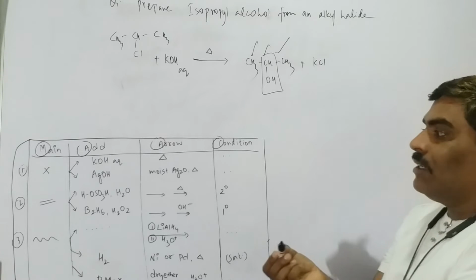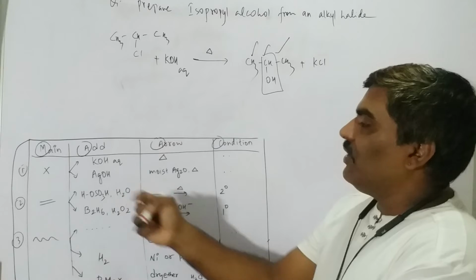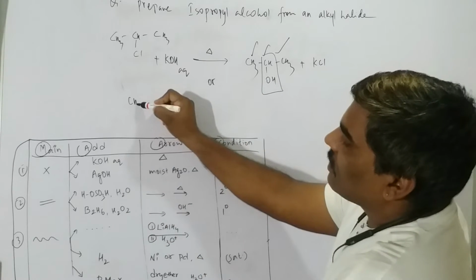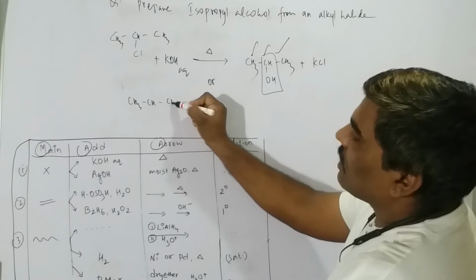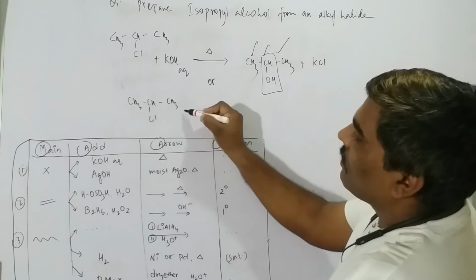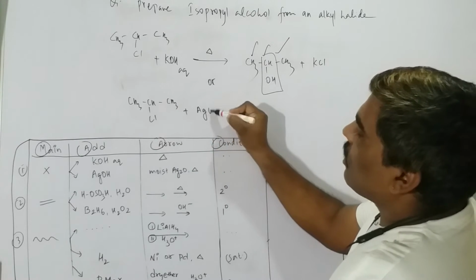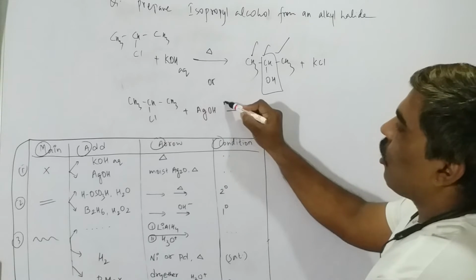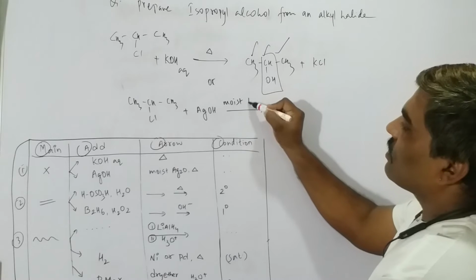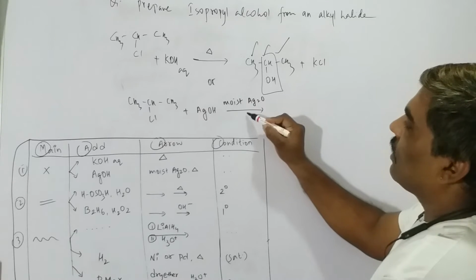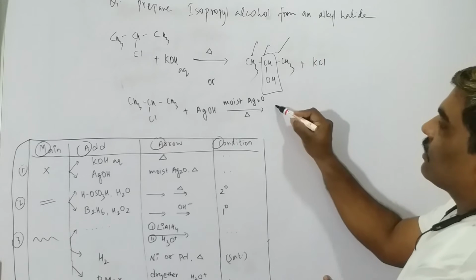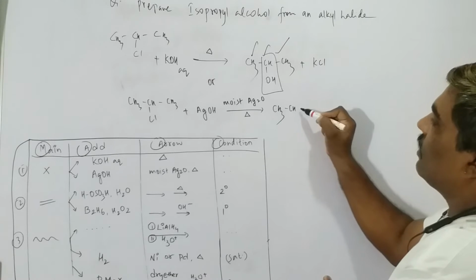Now as I said, one more possibility we have. For this, we can write CH3CHClCH3 plus silver hydroxide, which is obtained from moist silver oxide, and heat. So the product will be this.